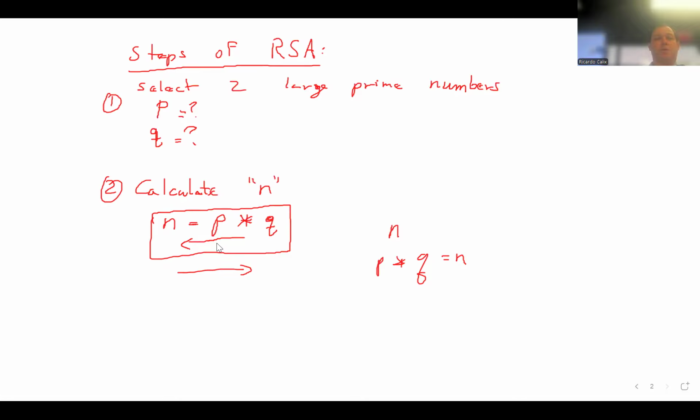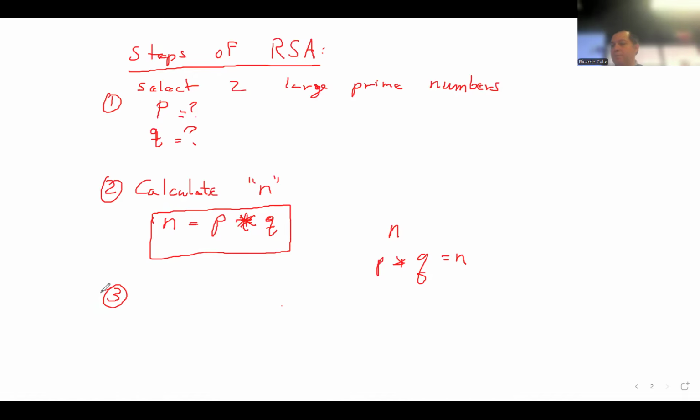Essentially the two prime numbers, P times Q gives you N. And like I said, in this initial discussion, I might say we have to meet this and also these other additional conditions, and we will discuss these additional conditions a little later. All right, so in this step, we calculate N, which is the product of P and Q.